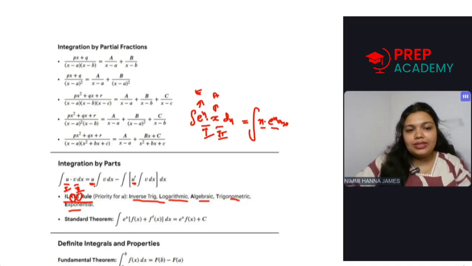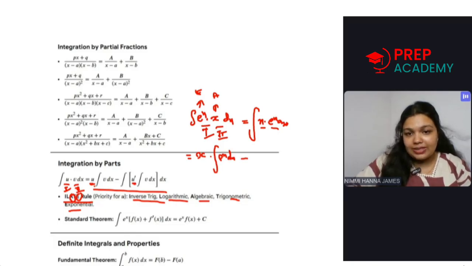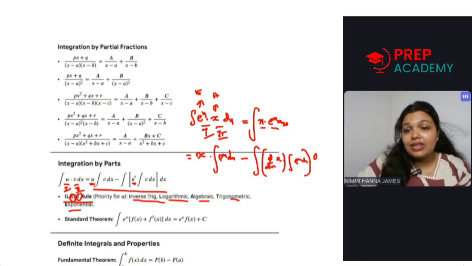Now applying the integration by parts rule: first function into integral of second function, minus integral of, open a bracket, differential of the first function into integral of second function, and a dx outside, because for this integral we want a dx.